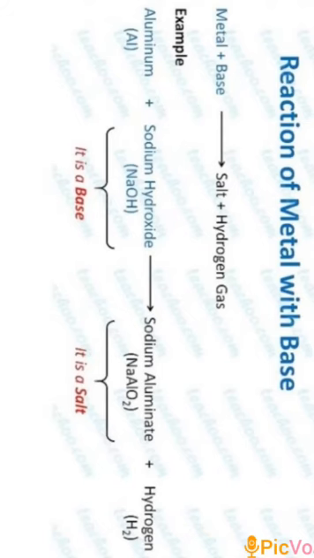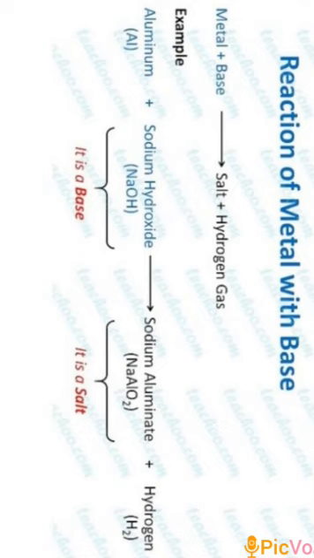Next property of metals is the reaction with bases. Metals react with bases to liberate hydrogen gas along with the production of a compound. So, some metals like aluminium, zinc, and lead react with strong base like sodium hydroxide or potassium hydroxide.